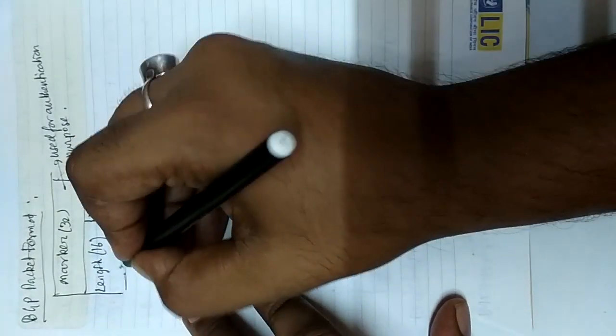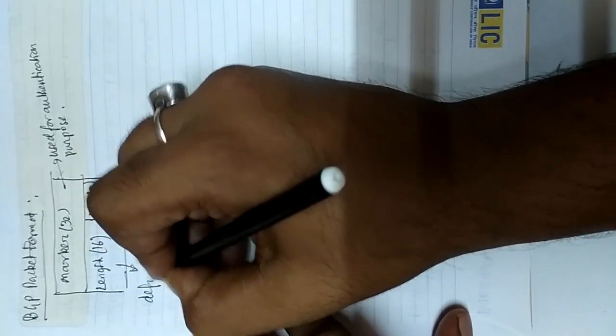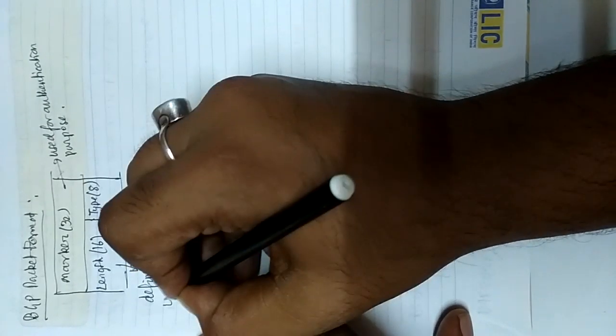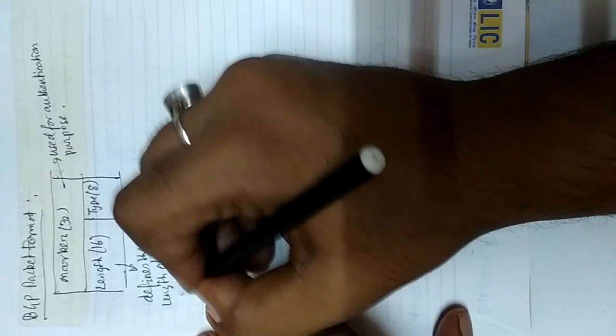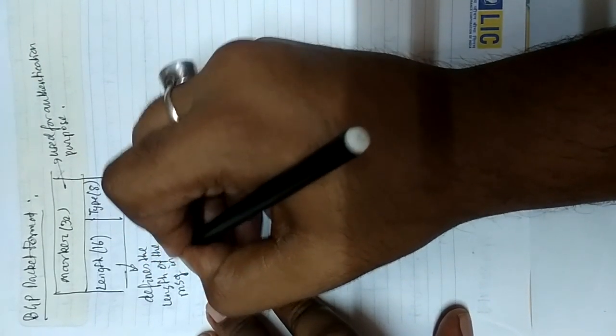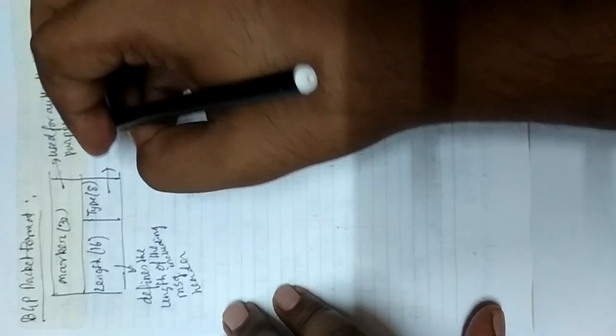Okay, next one is length. It defines the length of the message, including the header. And what is the type? It defines the type of the packet.